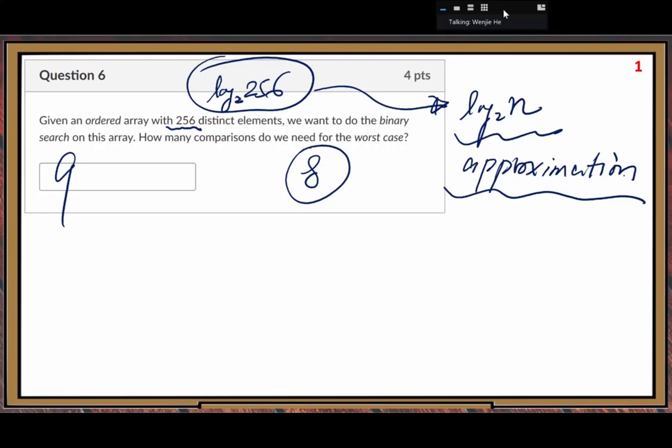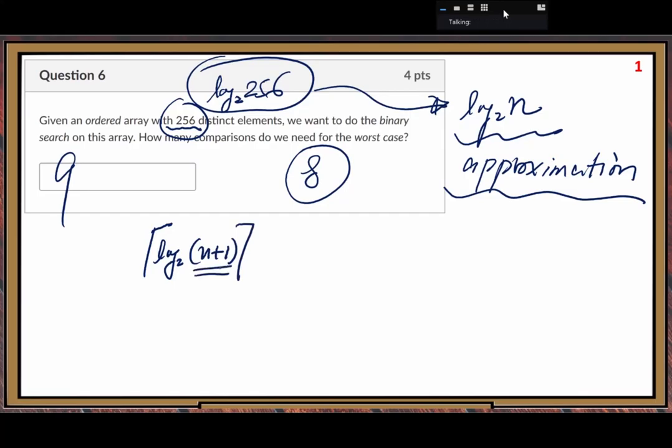But in this question, first, our n is not large. Second, I want you to give me the exact answer, not approximate answer. So for that reason, remember we have 2 formulas. One is, if you use the ceiling function, log base 2 of parenthesis n plus 1.